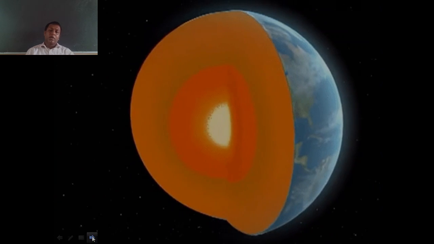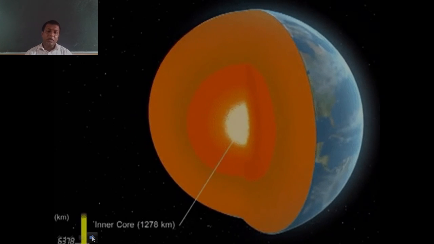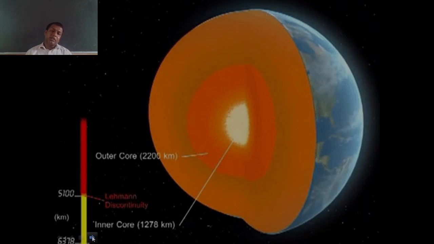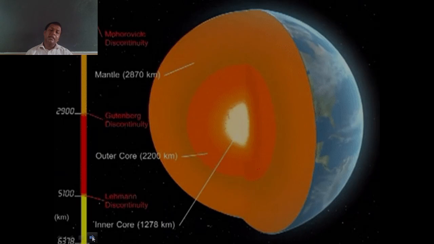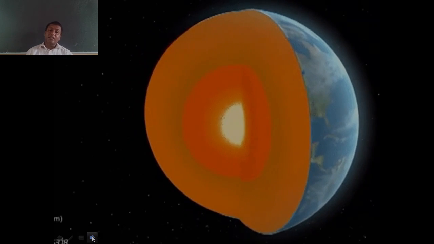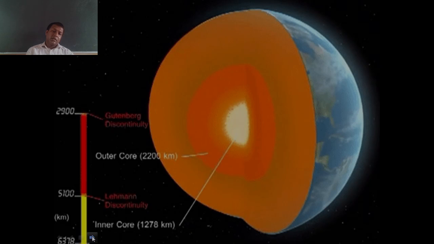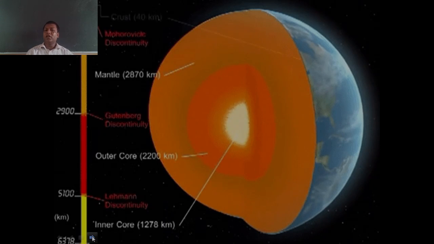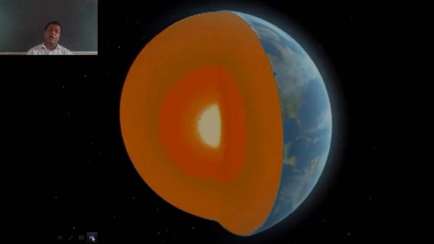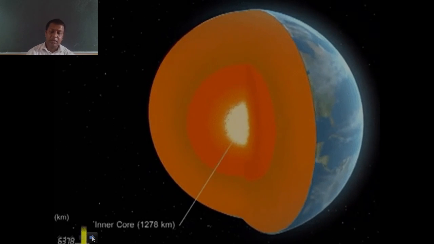First, imagine all these things looking at this picture. The outer core is 2200 kilometer and the inner core is 1278 kilometer, as I told you in the last two videos. The mantle is 2870 kilometer, and the crust is almost 40 kilometer in our area.